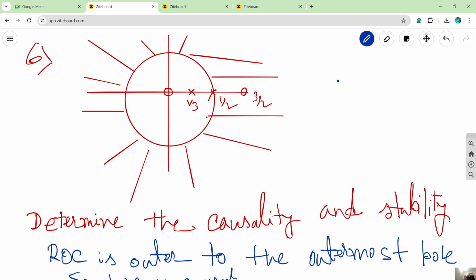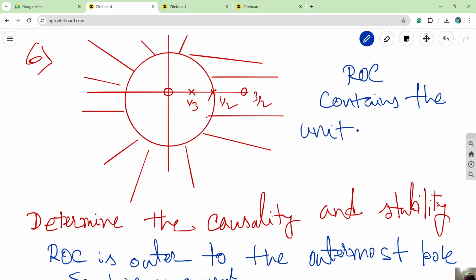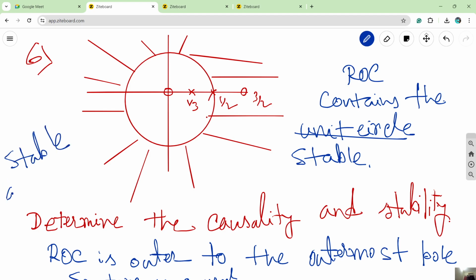And this ROC contains the unit circle. So it is stable. The system is stable and causal.